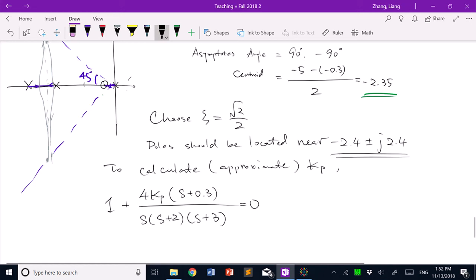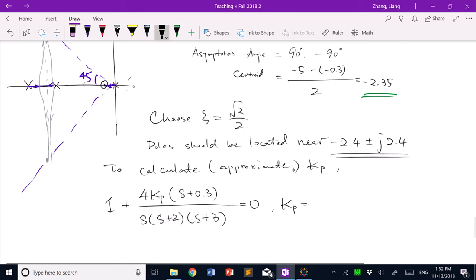But since this is negative 2.4 plus minus j 2.4, it's just something I approximated. They may not be the precise location. So if you plug in one of these two complex poles in this equation, you may not have a real number being K.